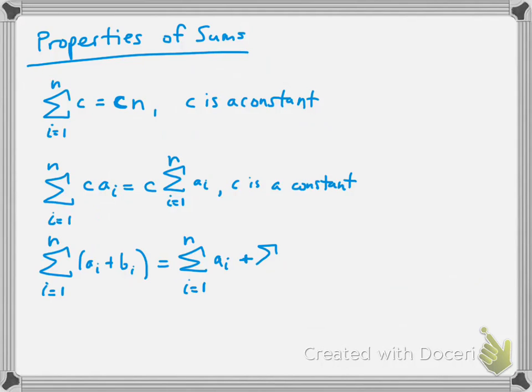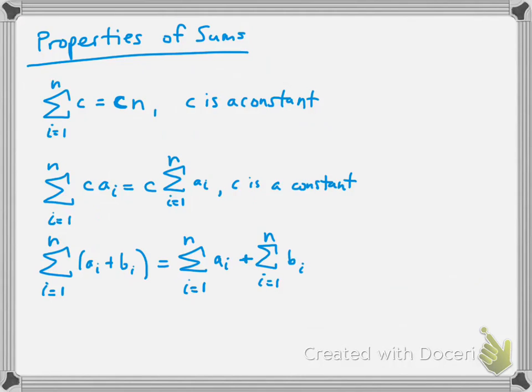So I find the sum of the a sub i's, and then find the sum of the b sub i's and add those together, and that should be the same as if I were to add all the a sub i's and all the b sub i's together at the end.